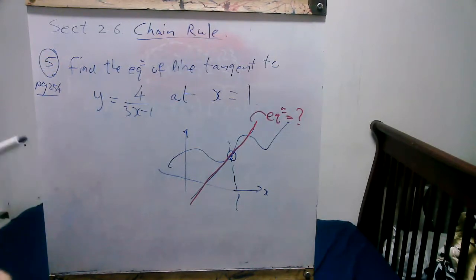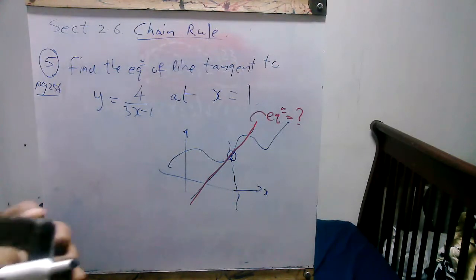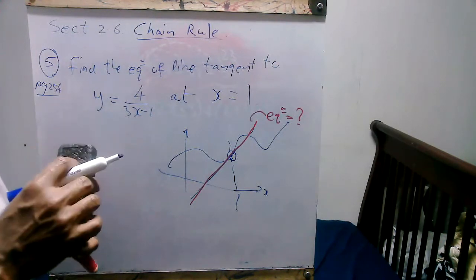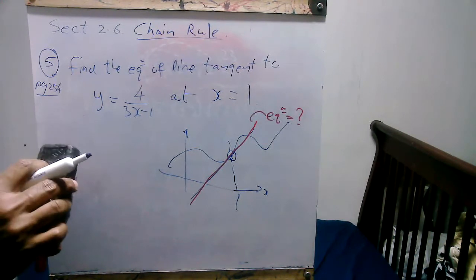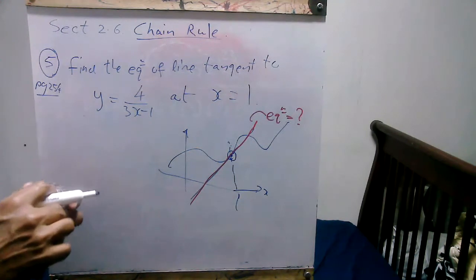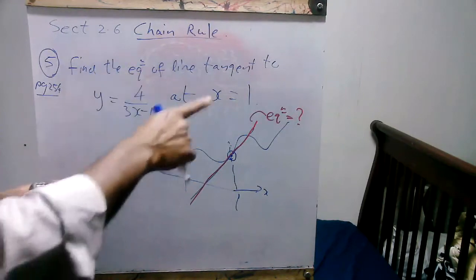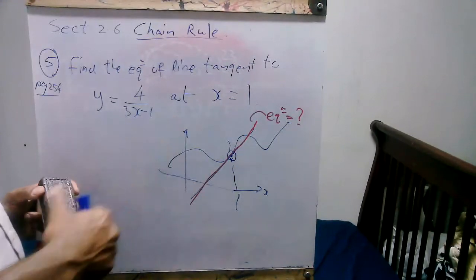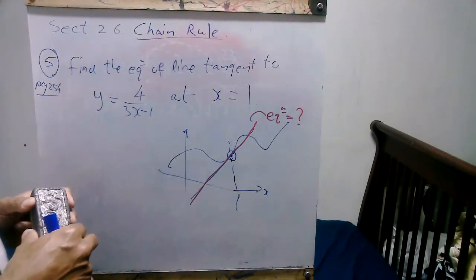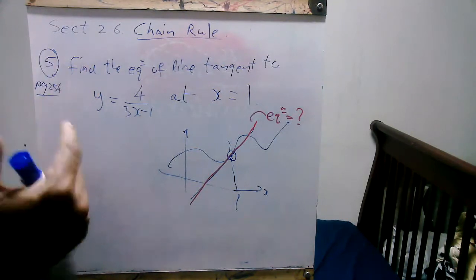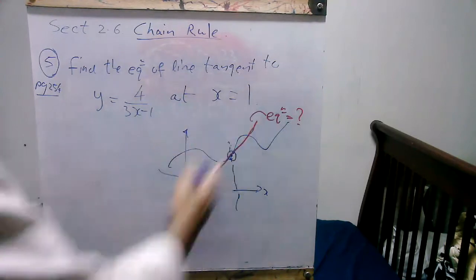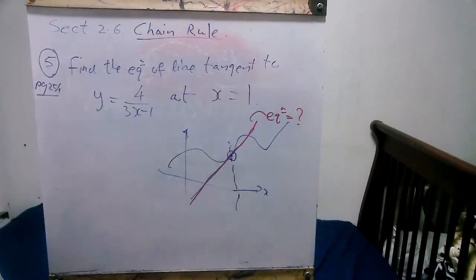So the theory of the equation of a line that we learned in class is not going to change. Again, I'm going to ask the same question that I asked 100 times in class. What are the things that we need to write the equation of a straight line? We need the slope of the line and coordinates of one point, right?